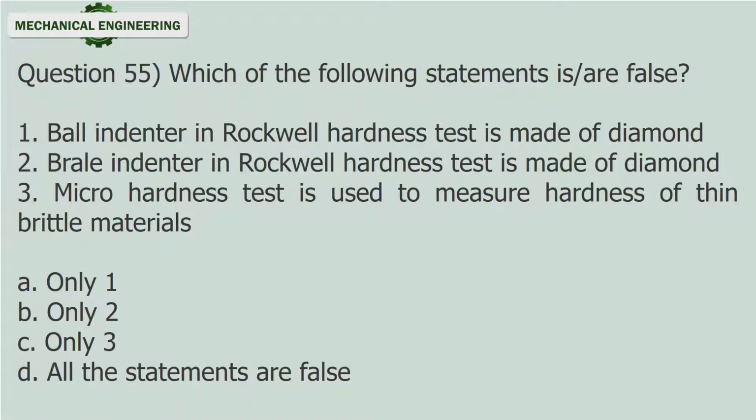Question 55. Which of the following statements is false? 1. Ball indenter in Rockwell hardness test is made of diamond. 2. Brale indenter in Rockwell hardness test is made of diamond. 3. Micro hardness test is used to measure hardness of thin brittle materials.